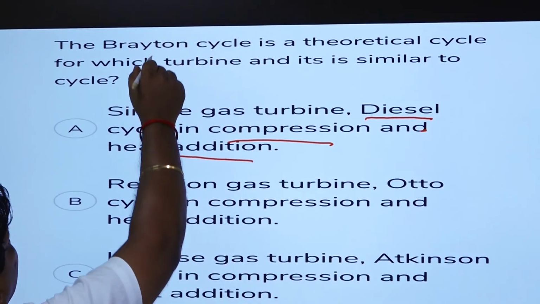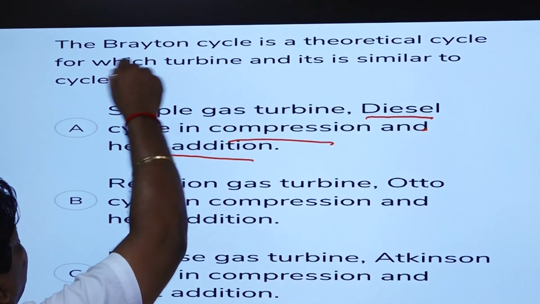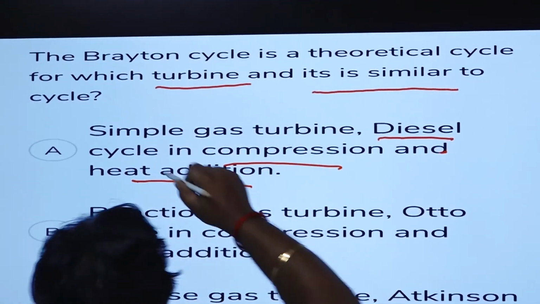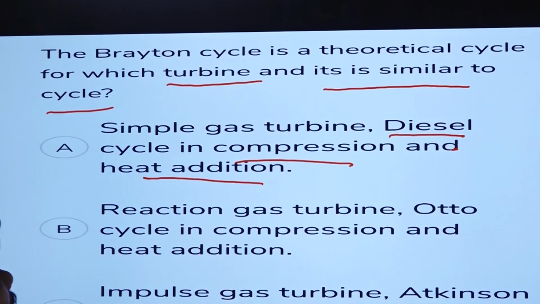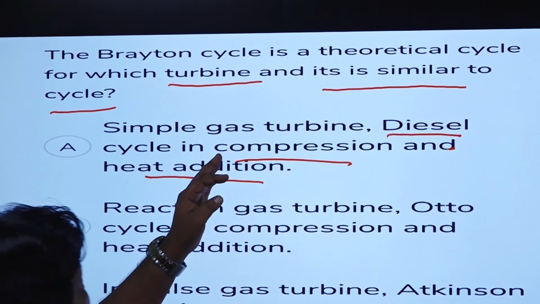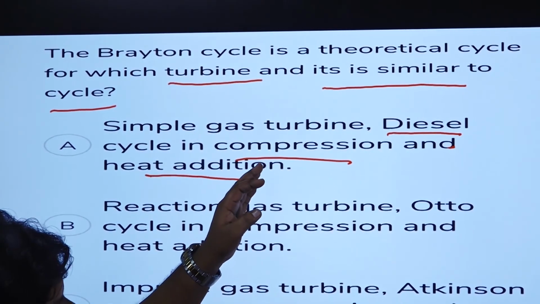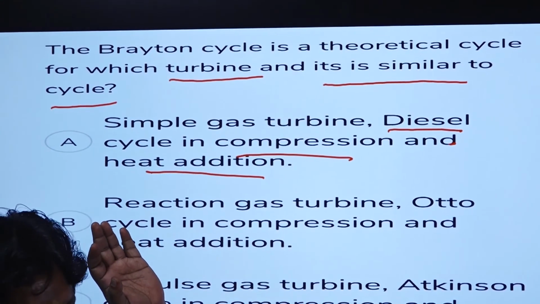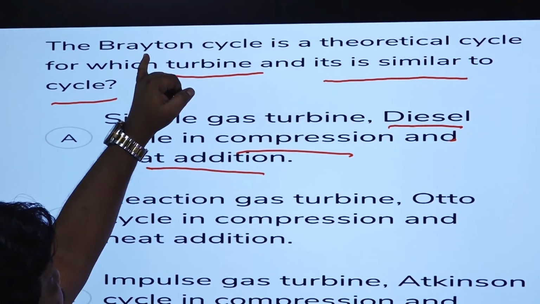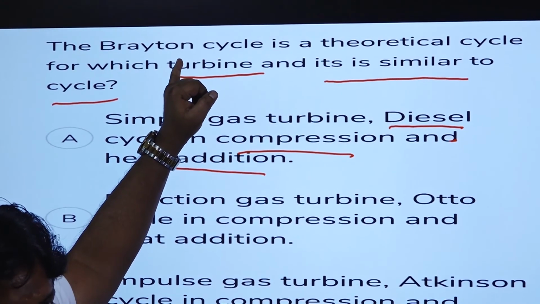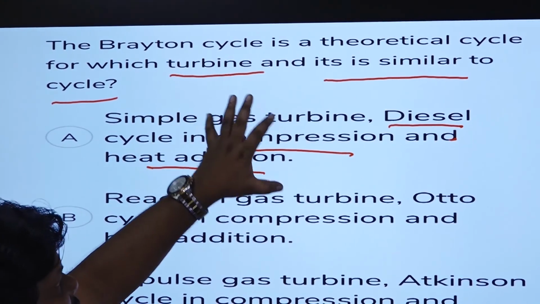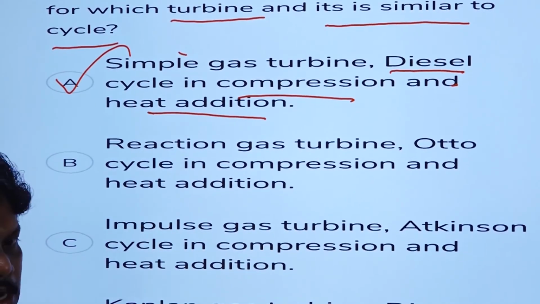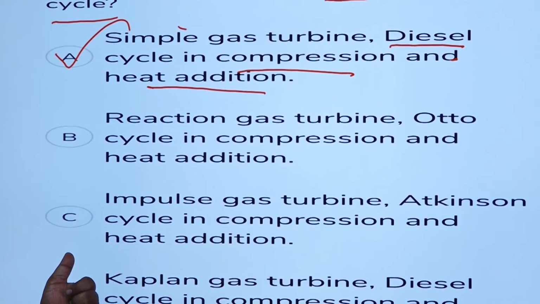In a diesel cycle, heat addition takes place at a constant pressure. So similarly here also the heat addition takes place at a constant pressure. So from the first itself you found the answer, so you can tick this and the answer is A.